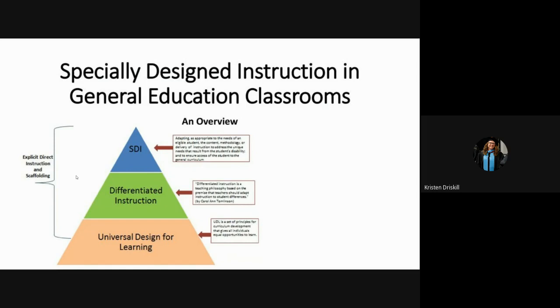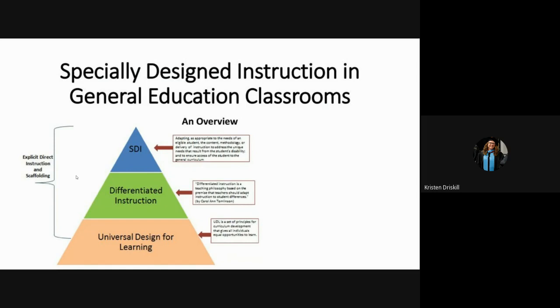But ultimately, if you look at this pyramid, the bottom is universal design for learning. That's your foundation. When you're planning, you're taking into account any potential barrier that might come up for any student, and you're eliminating it, right? Then the next level up would be differentiated instruction, which is the reactive approach. You've already planned, and now you're thinking about what are student-specific needs? How am I going to accommodate that? Then that top level is specially designed instruction.